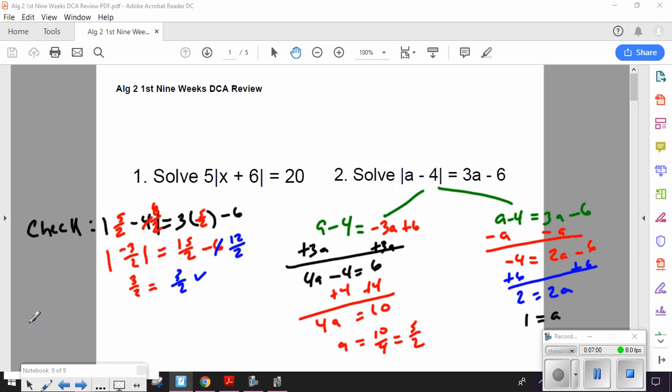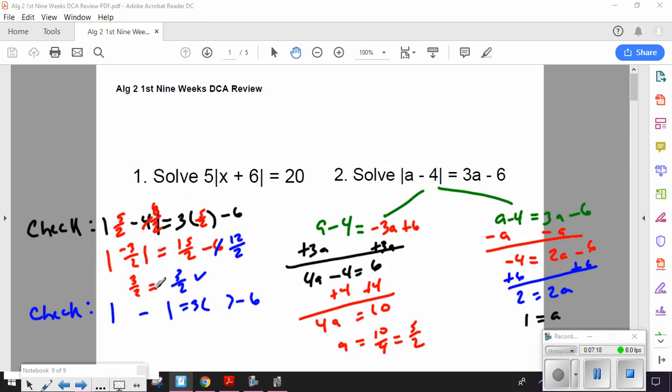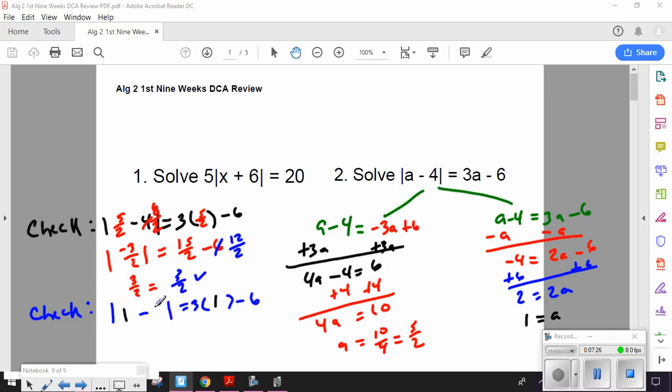So let's check the other solution, which was 1. Alrighty.